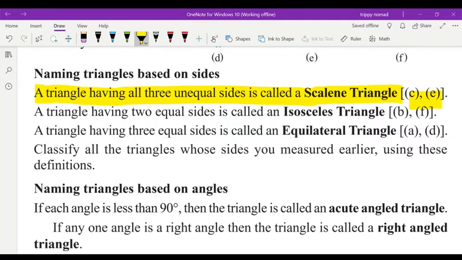Before doing this exercise, you have to draw as well as write the definitions used in this exercise in your notebook. A triangle having 2 equal sides is called an isosceles triangle, and a triangle having three equal sides is called an equilateral triangle.